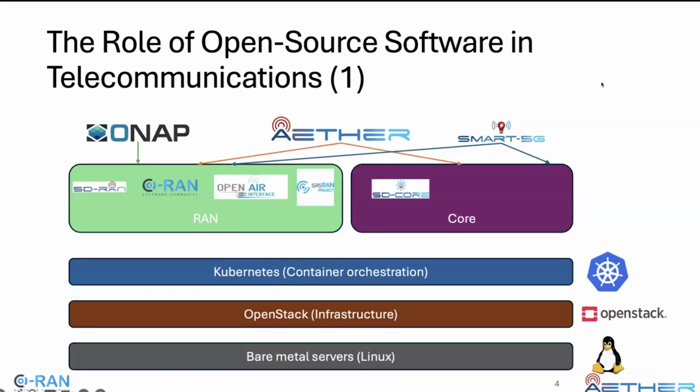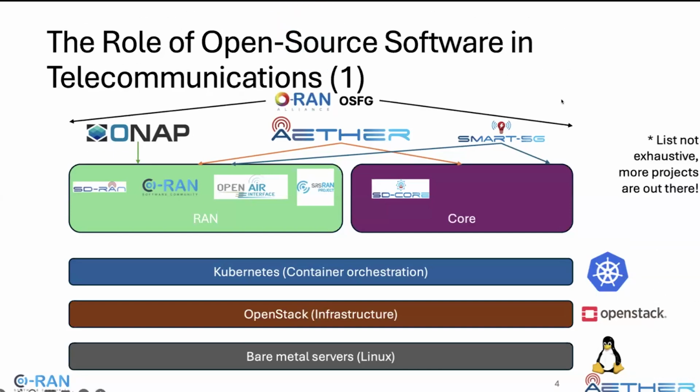I would list here also ONAP, because it's an important framework that can be used as the SMO, the service management and orchestration platform, for the RAN functions. And also on top of that comes, somehow overarching, the O-RAN OSFG that Chilin also talked about.